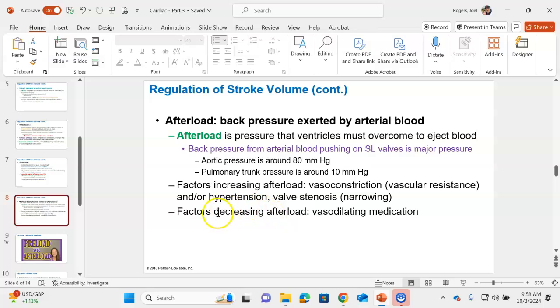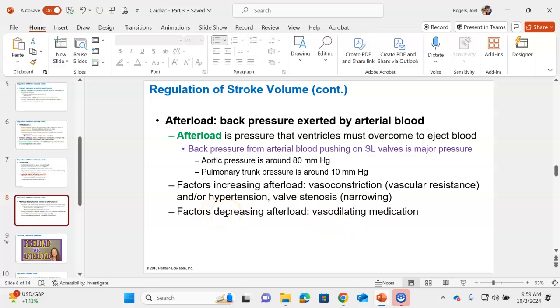Or if you want afterload to go down and you want that diastolic pressure to go down, vasodilating medications will do that, because they decrease vascular resistance and make it easier for blood to flow through, and therefore pressure in the two great vessels is going to go down.